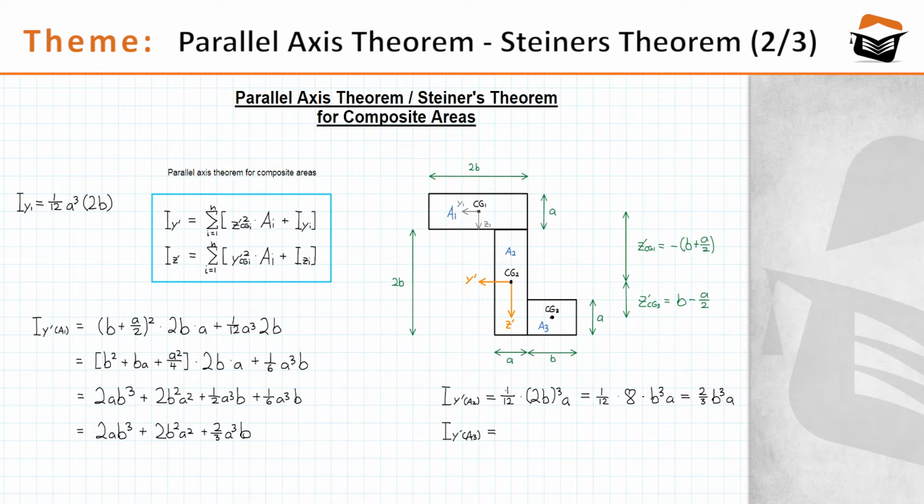Okay, let's plug in b minus a half to the third power. No, sorry, not to the third power. It should be squared. Okay, sorry, I'm just thinking a little bit ahead. The third powers will follow a little later. For now, you have to square this term times the area of the third partial rectangle, and that's just a times b.